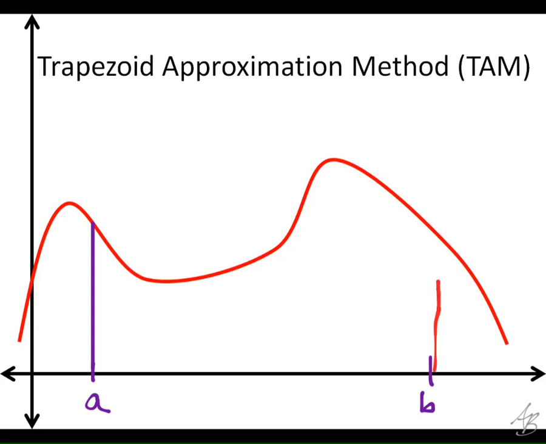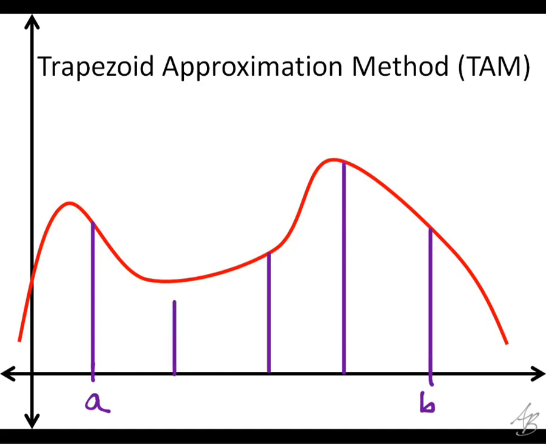And I'm going to break this up into some sub-intervals here. Let's just make it 4, somewhat equally spaced. I'll do my best to make them equal. We'll see here that when we have trapezoids, even though this is kind of an erratic function, the trapezoids are going to have much smaller errors.